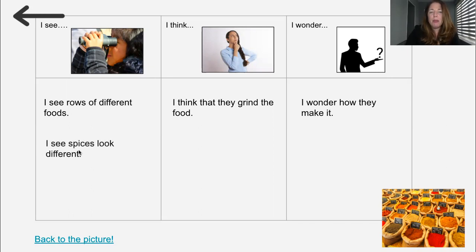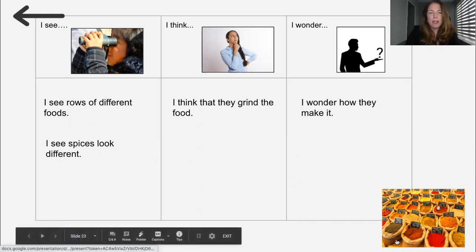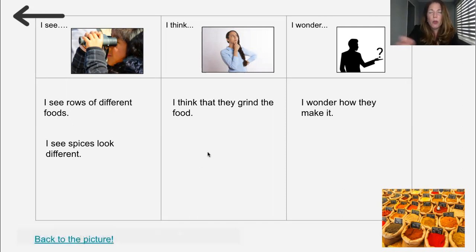I see spices look different. Okay, there are a lot of different spices, right, that we saw in the photographs. What about thinking? If you haven't taken time to record something that you were thinking as we read this text, take a moment and record that now on your paper or on your virtual book of knowledge.